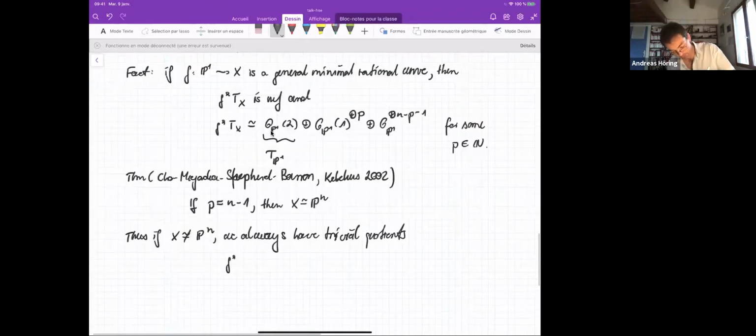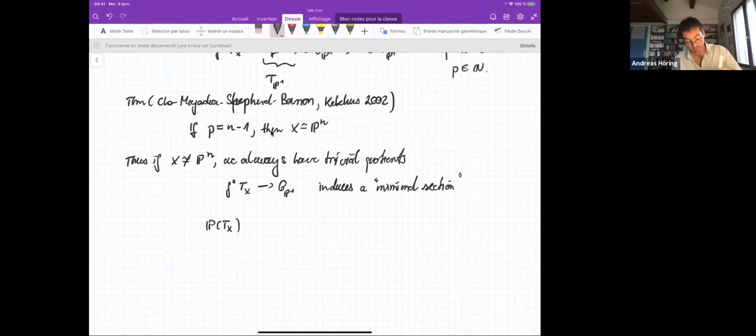Okay, so I have these quotients, and these will be very useful because they induce what we call a minimal section. What I mean by this: we have the projectivized tangent space. This is the object that we're interested in, and we want to do some geometry with it.